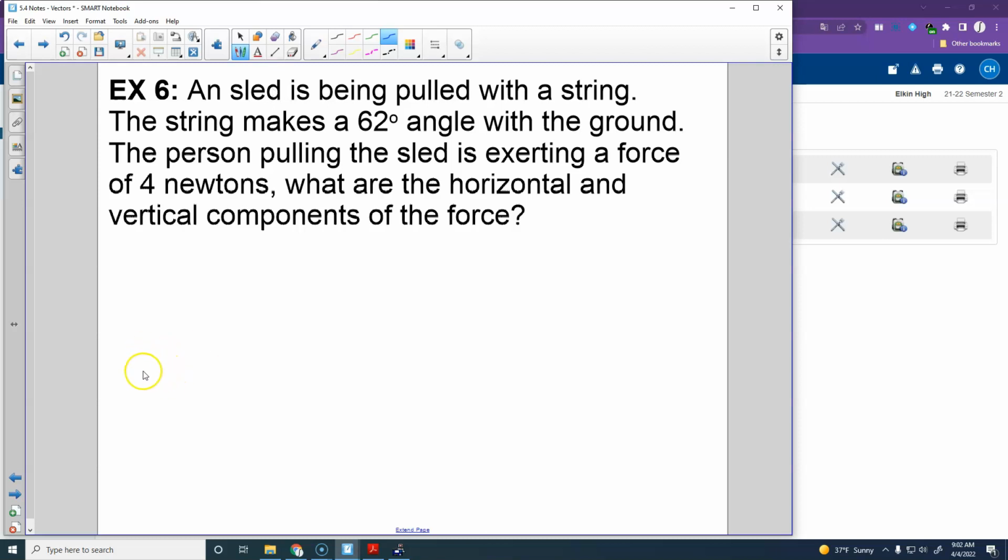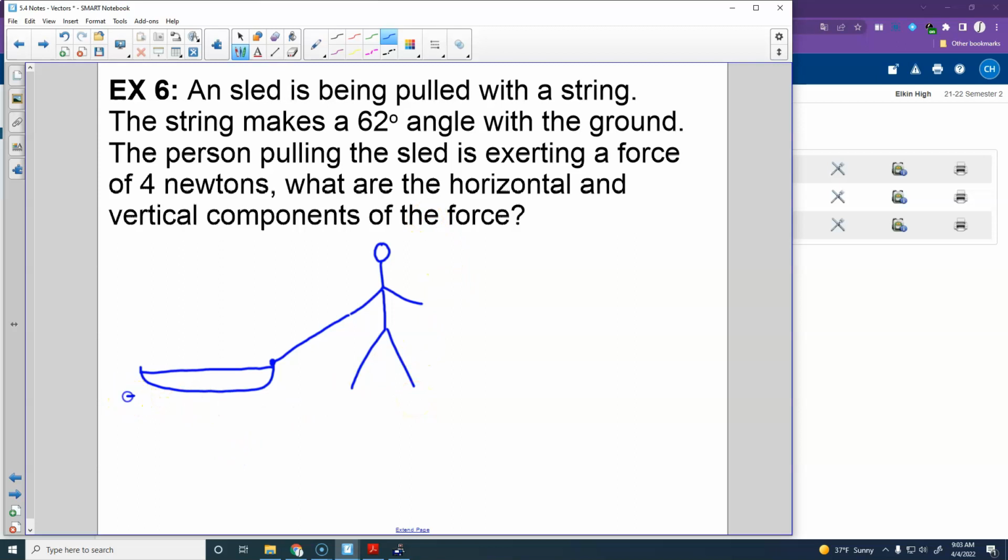So in this case, we've got our sled over here, and we've got a rope tied to the front of the sled, and we've got a person over here. Stick figure looks weird with their arms down, doesn't it?